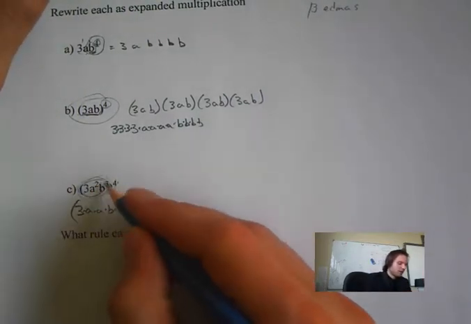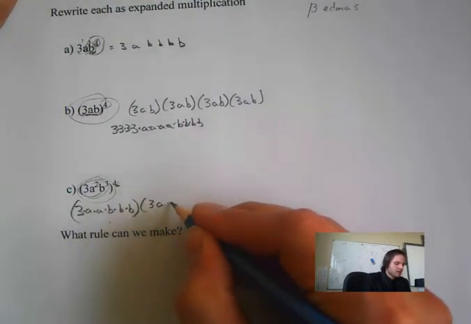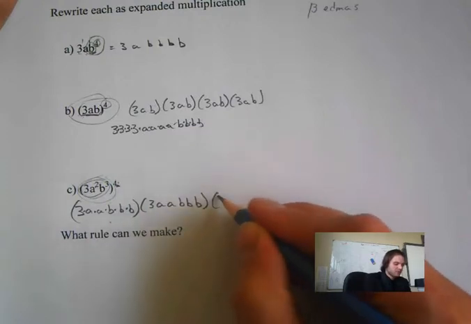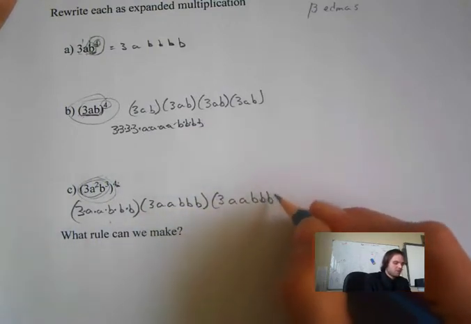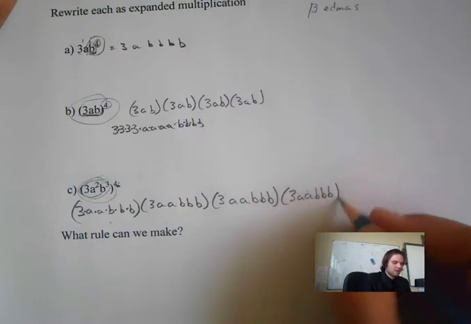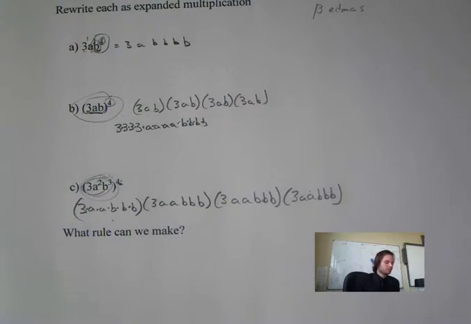This is all the base for that exponent. So I'm going to have 3, A, A, B, B, B. There's 2. 3, A, A, B, B, B. There's 3. And last one. And there is 4.